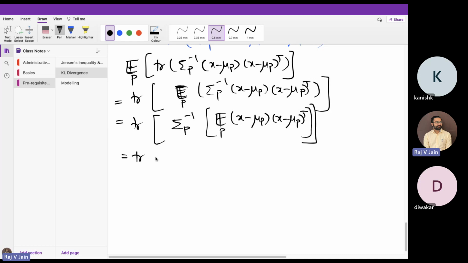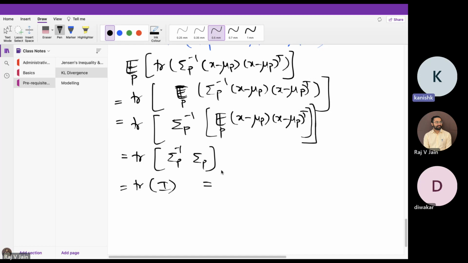So what does this expectation look like? Any thoughts? Variance. Right, the same variance covariance matrix. So this is exactly sigma p only, so sigma p into sigma p inverse is just basically identity. So what is trace of identity in this case?